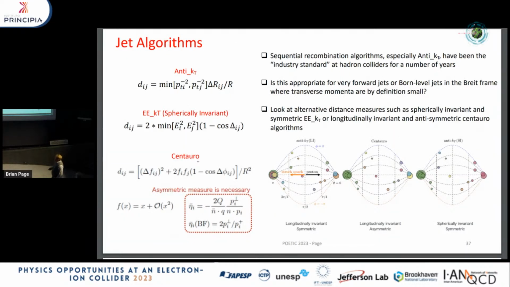So a quick note on jet algorithms. Of course, KT or in some cases KT.